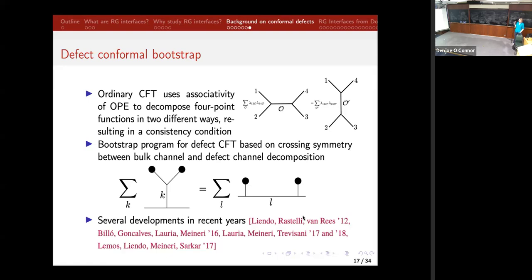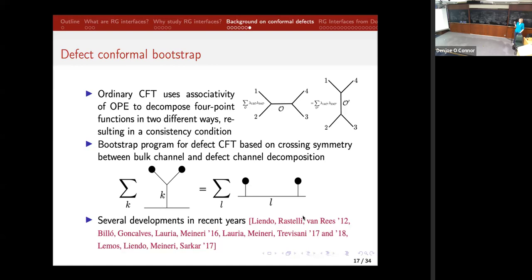And in the defect, you can first take 2 operators in the bulk close to the defect, so you have these 2 different 1-point functions. And then once they're on the defect, take those 2 operators close together. So that's the bulk OPE for the defect, which is a confusing way to say it.